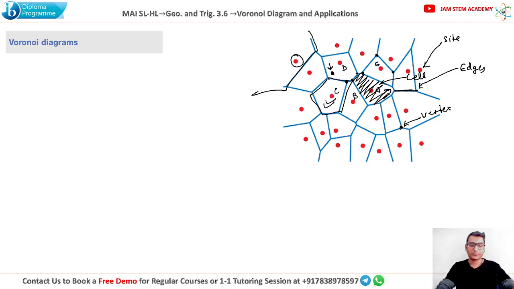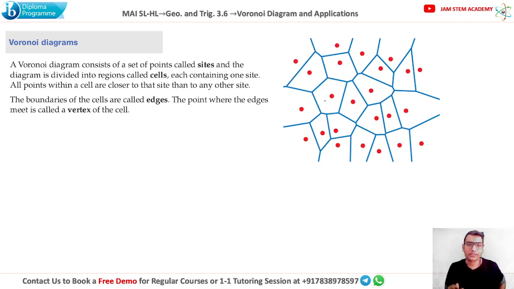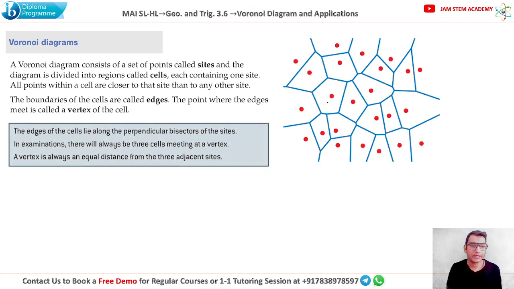Now, as I already discussed sites, cells, edges and vertices, always remember that a vertex is always at an equal distance from all the adjacent sites. For example, consider this vertex. It is at equal distance from all these three sites because it is the point of intersection of the perpendicular bisectors of the three points.